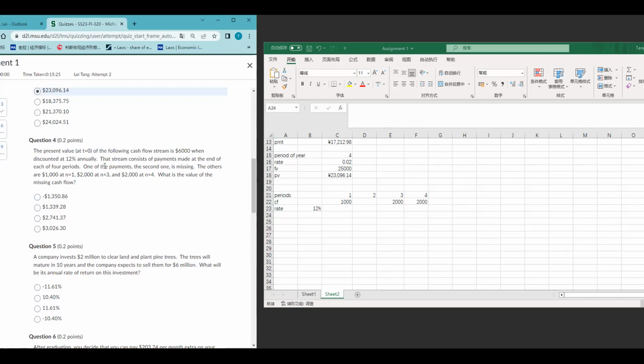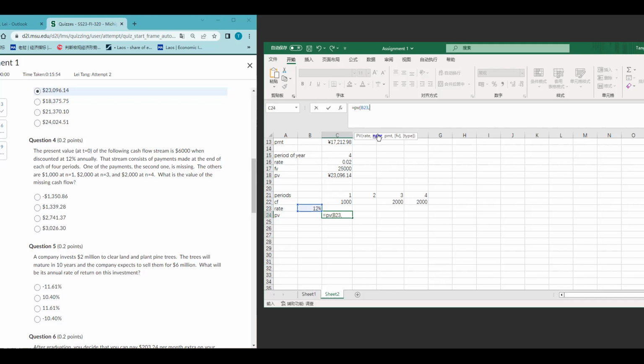So we need to find the present value of each cash flow. For the first period, the present value of this 1,000, we use the present value function.